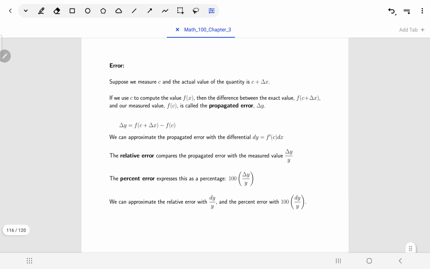Of course, just as before, we're going to use dy as an approximation for delta y. So if you wanted to actually calculate the relative error, you'd calculate delta y over y. But if you just wanted to approximate it, you'd calculate dy over y, or the percent error with 100 times dy over y.